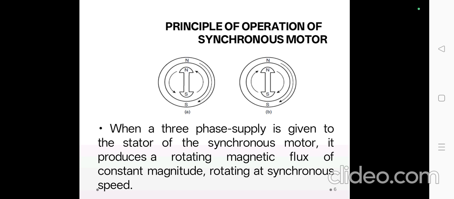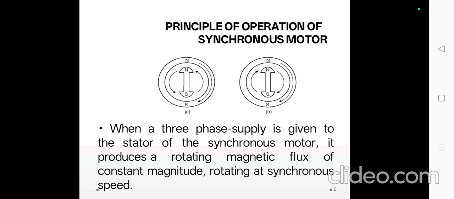If the frequency of the AC supply is F Hertz and the stator is wound for P poles, the synchronous speed of the rotating magnetic field is given by Ns = 120F/P RPM. In this case, a stator is wound for 2 poles with 50 Hz supply. The speed of the rotating magnetic field will be 3000 rpm.